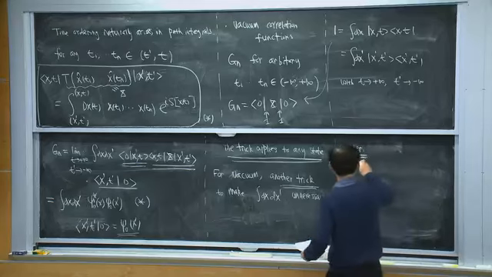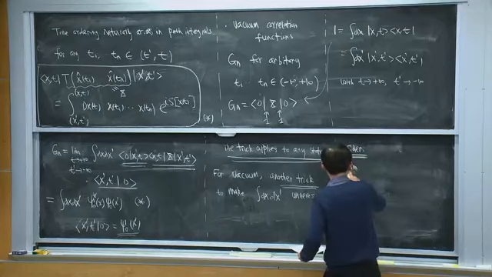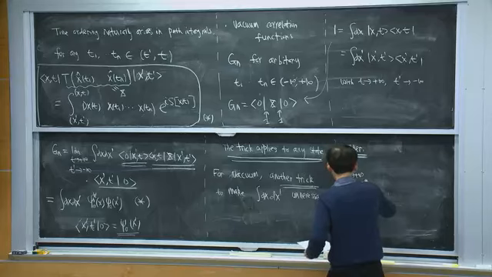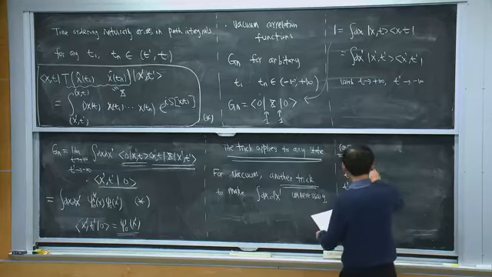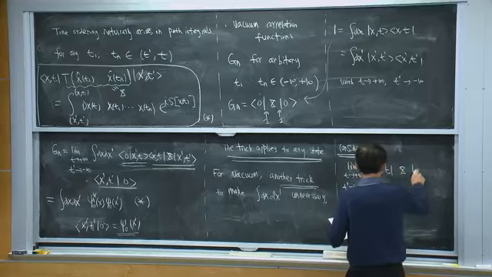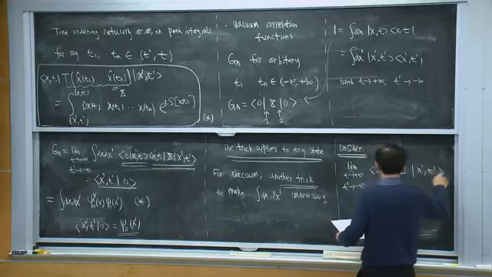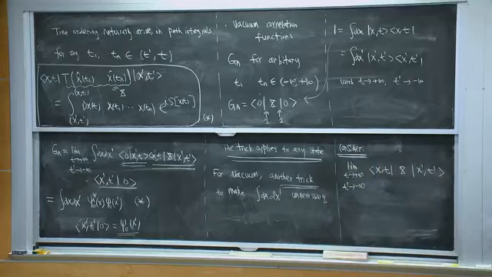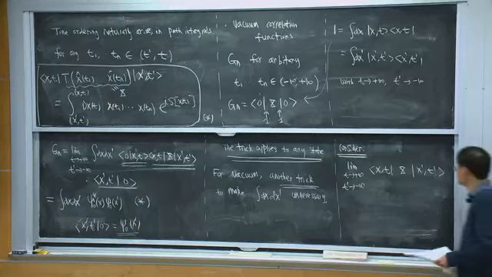Again, I take the limit t goes to plus infinity and t prime goes to minus infinity. Let's look at this object, the amplitude from x prime, t prime to x, t.